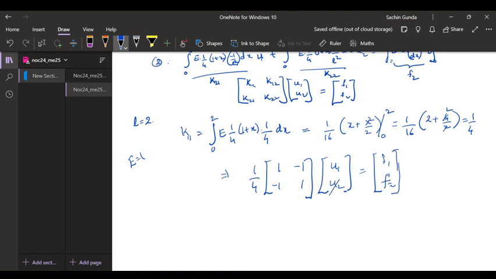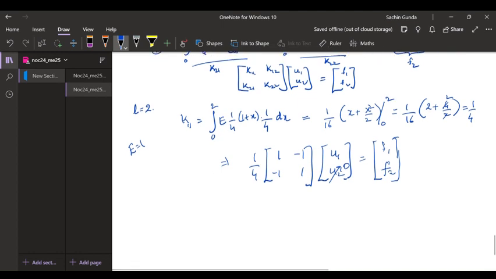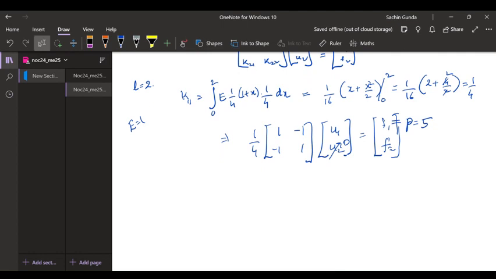Here u2 is a fixed boundary condition, so it equals 0, and f1 is nothing but P, which is equal to 5. So using these two we can solve.